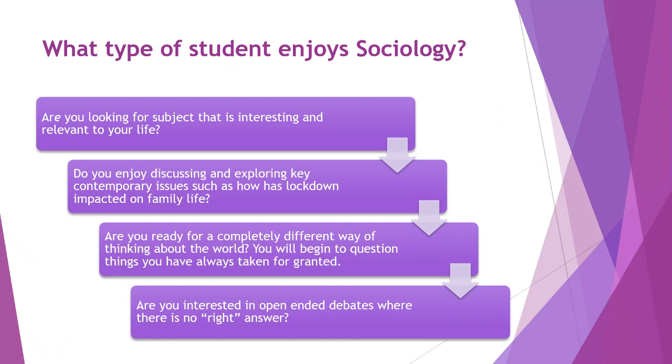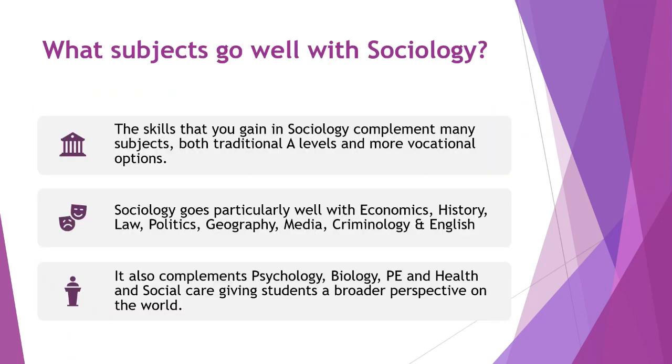So sociology, as I've already said, goes well with politics. It goes really, really well with economics. It complements criminology very, very well. And again, as the slide shows, a lot of students will pick a combination of politics, sociology and law because there is a lot of crossover in terms of skills and content as well, which is important.